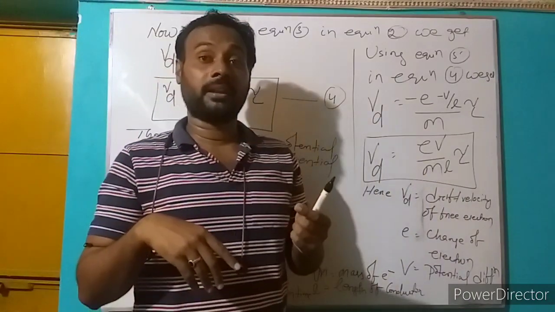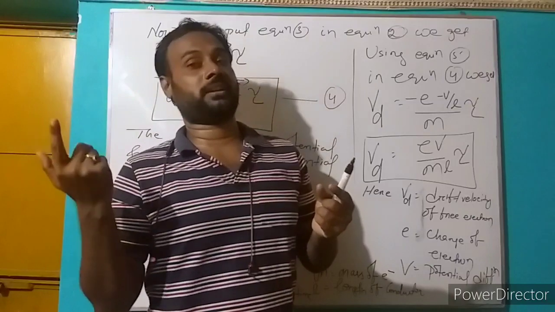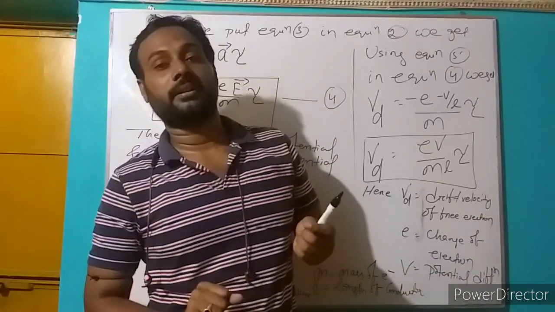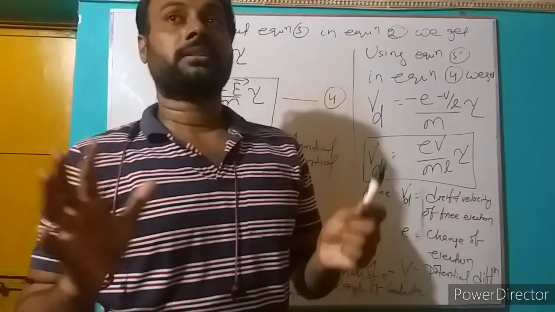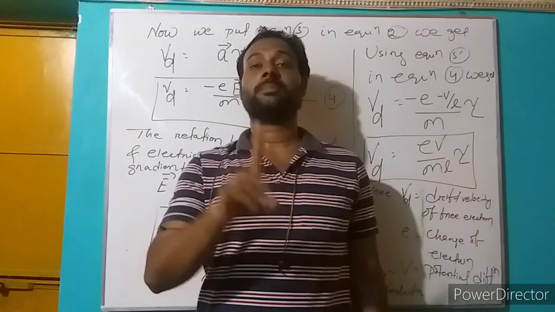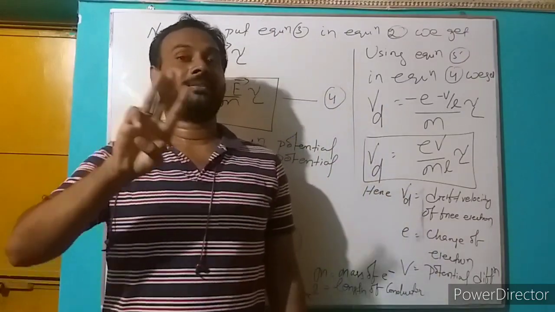After applying the battery, the velocity gradually decreases, to about 10 to the power minus 4, and they are attracted toward the positive terminal of the battery. So please note: drift velocity is the velocity with which free electrons get drifted toward the positive terminal of the battery. In that case, three definitions are there.